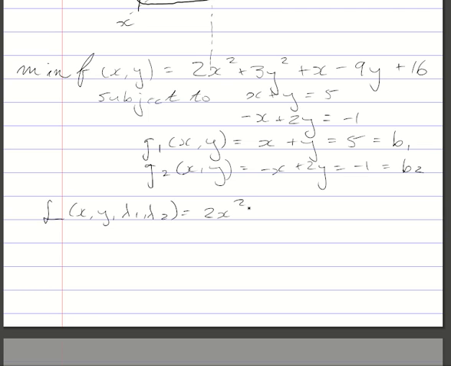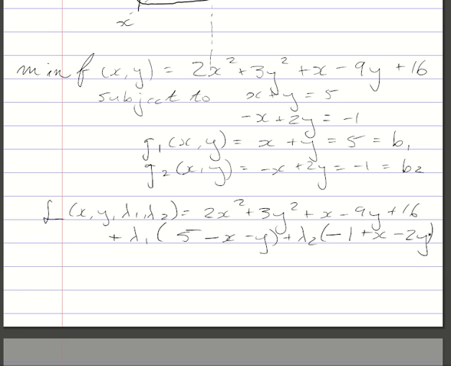So, as usual, this is just the ordinary function value, and then we add the constraints lambda 1 times b1 minus g1, and you add the second constraint lambda 2 times b2 minus g2, so it's minus x minus 2y.